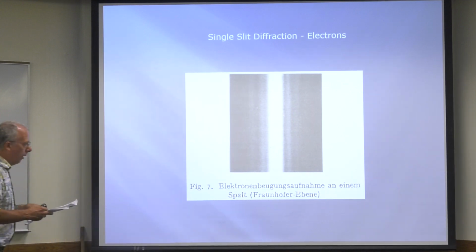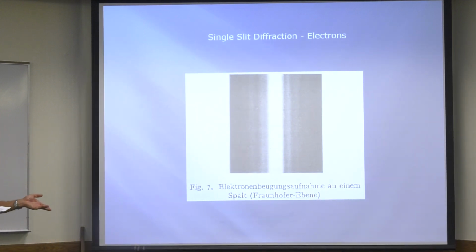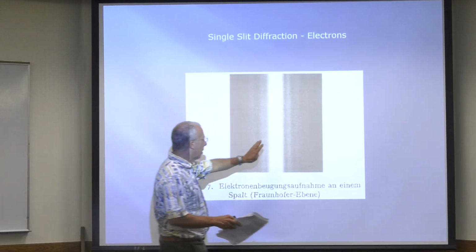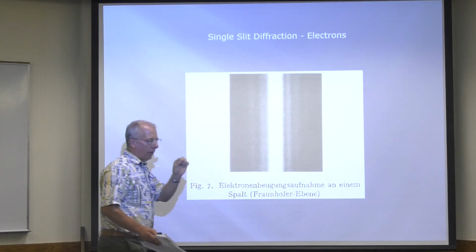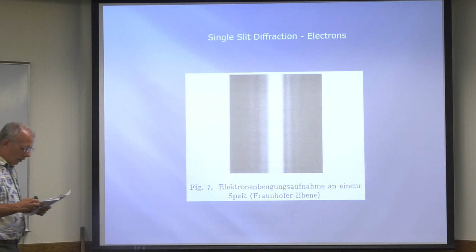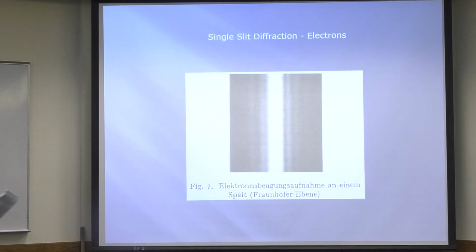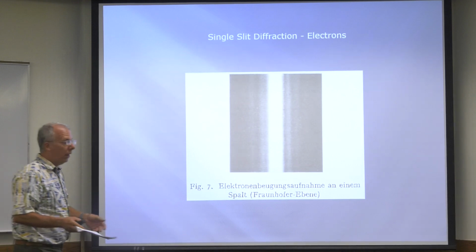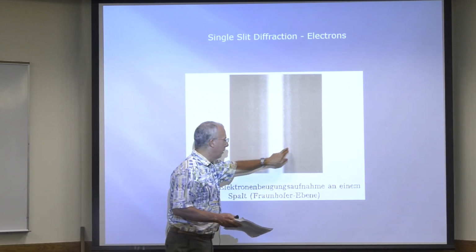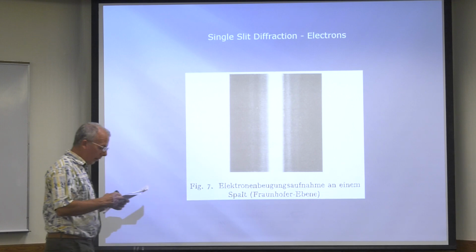So what does that say? It says that you cannot predict where a single electron is going to fall. You can say that most are going to fall here, but you don't have a clue where each electron is going to go. All you can say is that the probability of an electron landing here is high, and so forth. All I can talk about is probabilities.